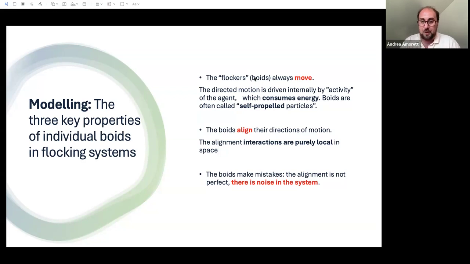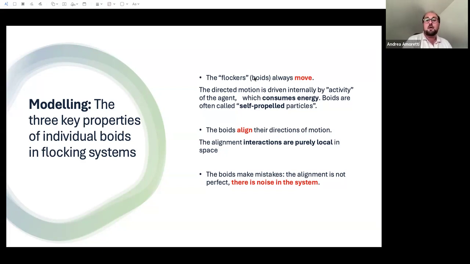On top of that, the boids tend to align their direction of motion. If they are close enough, there's some interaction between boids and they tend to align their orientation. This is the prototypical example, in this case the flocking of birds, if you think about it.